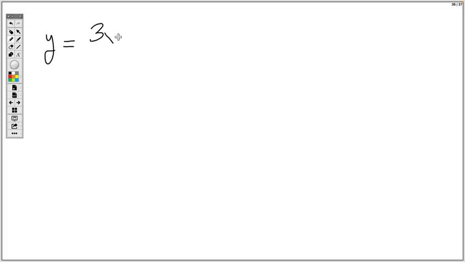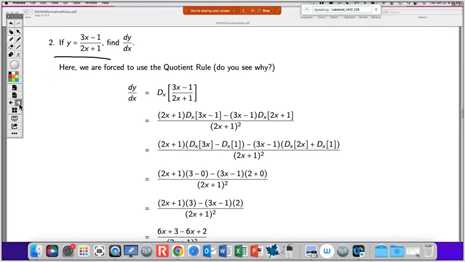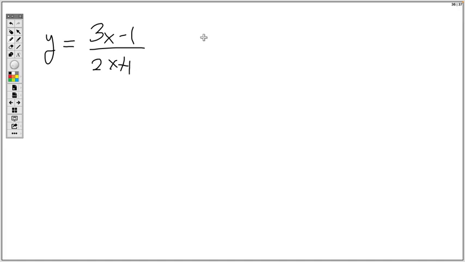y equals 3x minus 1 over 2x plus 1. They're asking for dy dx. And once again, dy dx, that's just another way to ask for the what? Derivative. So once again, we think about putting an x in there. If you plugged an x in there, you'd multiply it by 3 and subtract 1 to get the numerator dialed in. You plug the x into the denominator, multiply it by 2, add 1 to get the denominator dialed in.